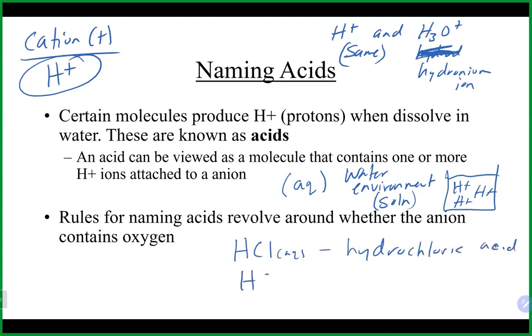If you have HCl in the gas phase, that is called hydrogen chloride. So the aqueous part is really important for an acid. Basically, you could take the hydrogen chloride gas, bubble it through water, and now you have aqueous hydrochloric acid in that solution. So it's really important to make sure you always include that aqueous on your formulas for things that are acids.